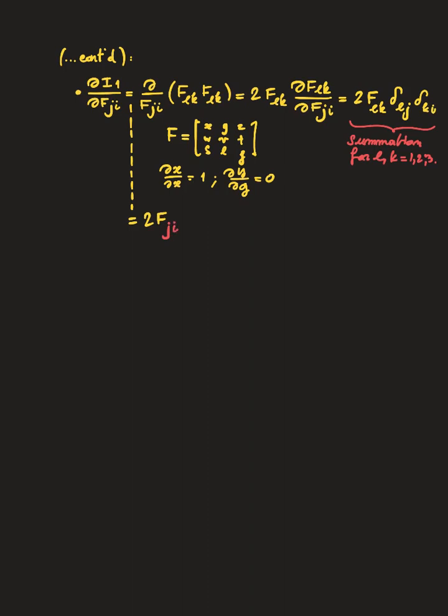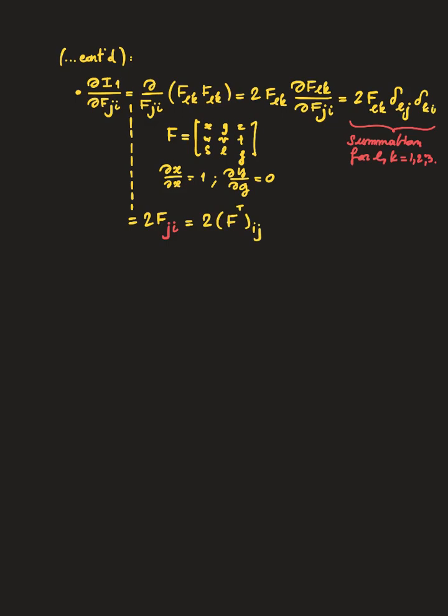Well, this is 2Fji. Fji is essentially the ij component of F transpose, yes? So this is equal to 2 times the component of F transpose ij.